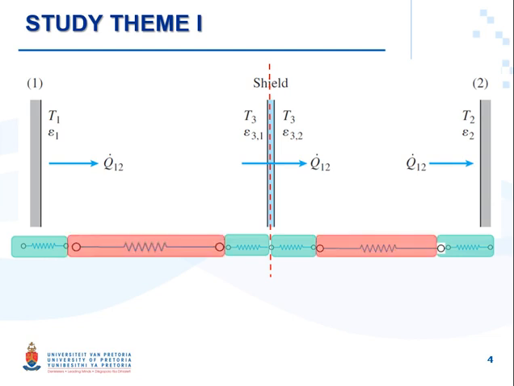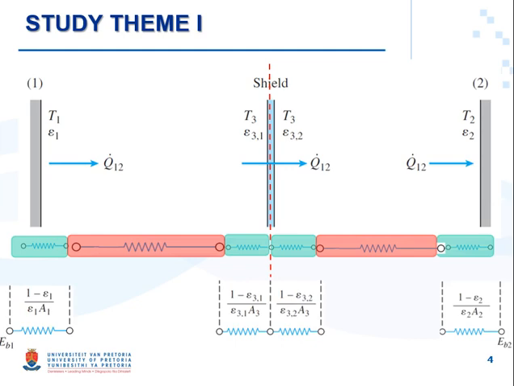So now we have a network consisting of 6 series resistances. How can we find the resistances?